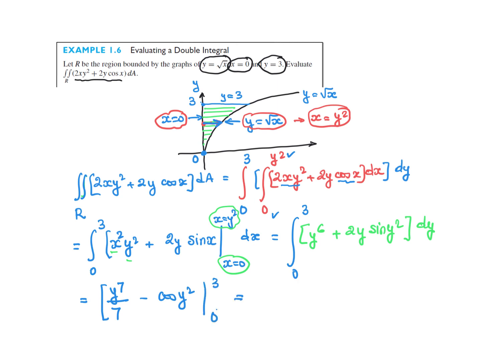So we substitute now, and we get 3 to the power of 7 over 7 minus cosine 9, minus the substitution with 0, which will give us minus cosine 0, which is minus 1.